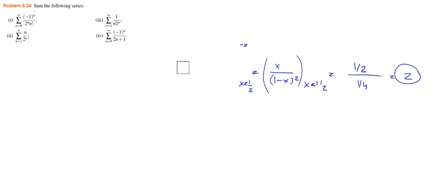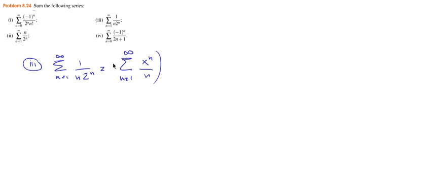Okay, now let's see. Part 3 is the sum from n equals 1 to infinity of 1 over n times 2 to the n, and this is the same as the sum from n equals 1 to infinity of x to the n divided by n when x is equal to 1/2 again.